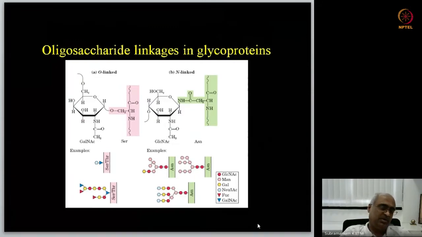Okay, so that is about our discussion on glycosaminoglycans. Next, we are going to a set of molecules where the carbohydrate part is a minor component, nevertheless functionally very important, and the major component is either protein, in the case of glycoproteins, or lipid, in glycolipids, where lipids have carbohydrates attached.